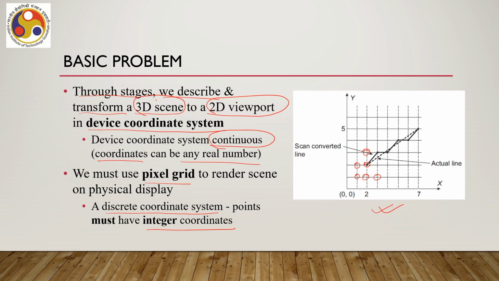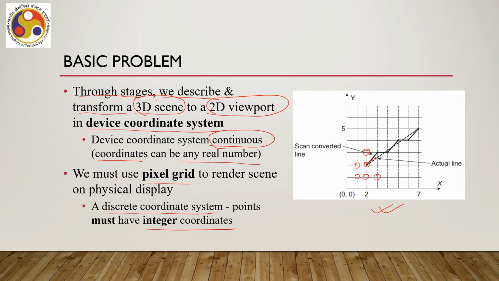As you can see, the line can pass through either a pixel or an interval between pixels. Any real number is allowed as a coordinate, as shown in the dotted line. However, when we are trying to render it on the display device, we have to choose the right pixels to color so that it represents the line.